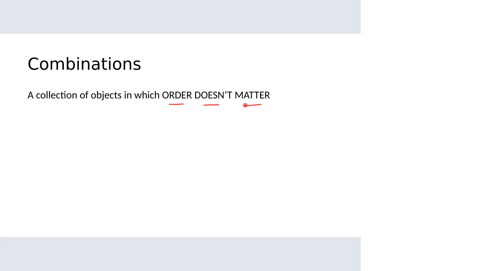They're just going to be chosen. The first person chosen and the last person chosen, there's no difference. You're either cleaning the room or you're not. The order doesn't matter.